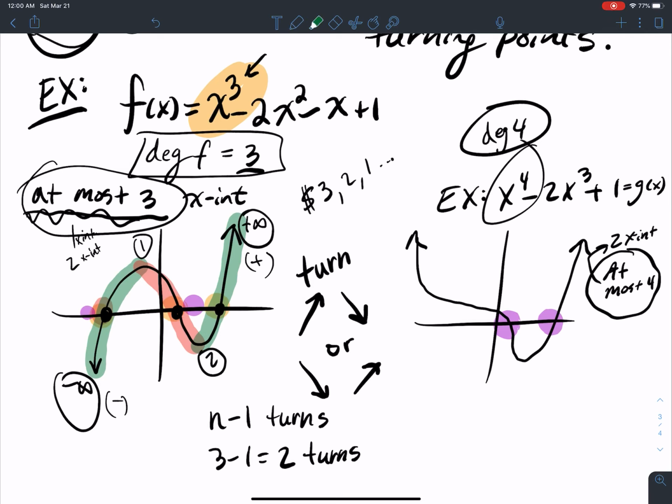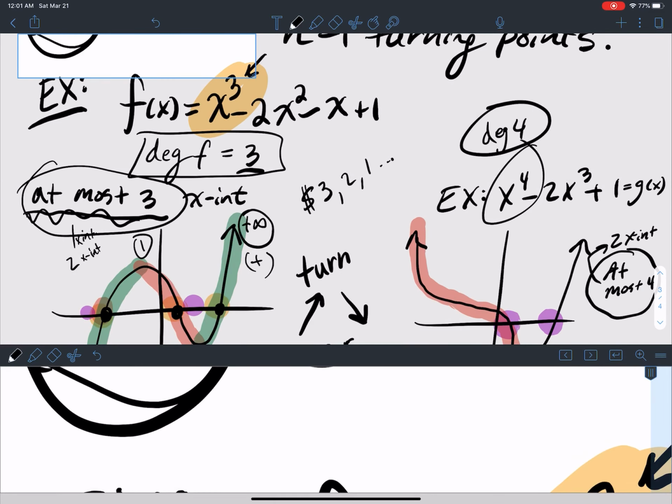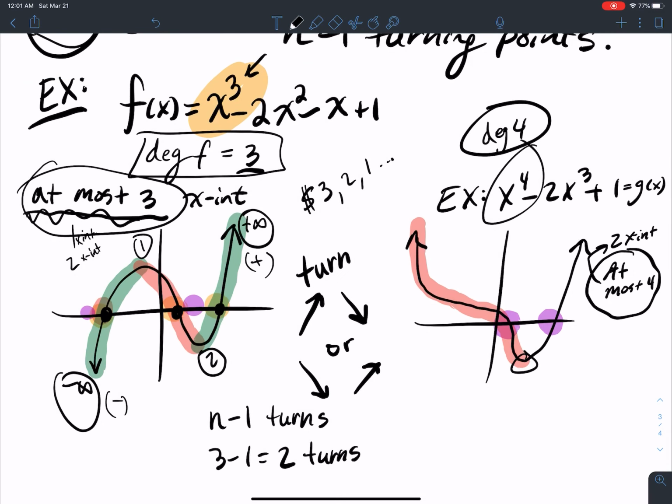Now with the second example, what am I doing? I'm going down, down, down, and then right here, I turn from going down into going up, up, up, up.